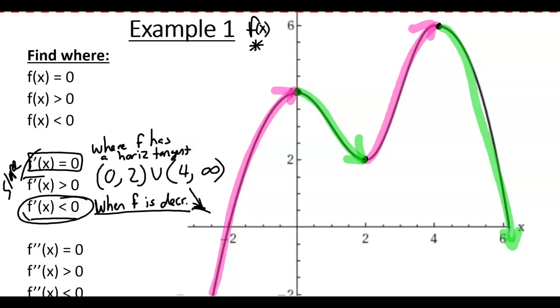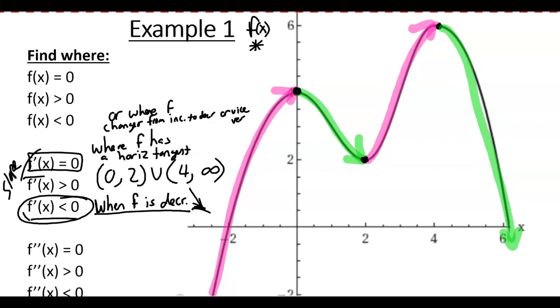Now another way you can find it is where f changes from increasing to decreasing. Okay, so like right here, for instance, we change from pink to green. In other words, we're changing from increasing to decreasing, or vice versa. In other words, here is also another place because we're changing from decreasing to increasing.